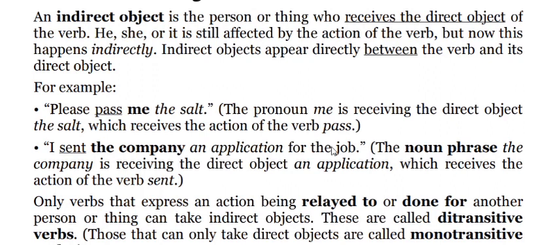The noun phrase the company is receiving the direct object, an application, which receives the action of the verb. Now, an application is an object, and the company is also working on it.